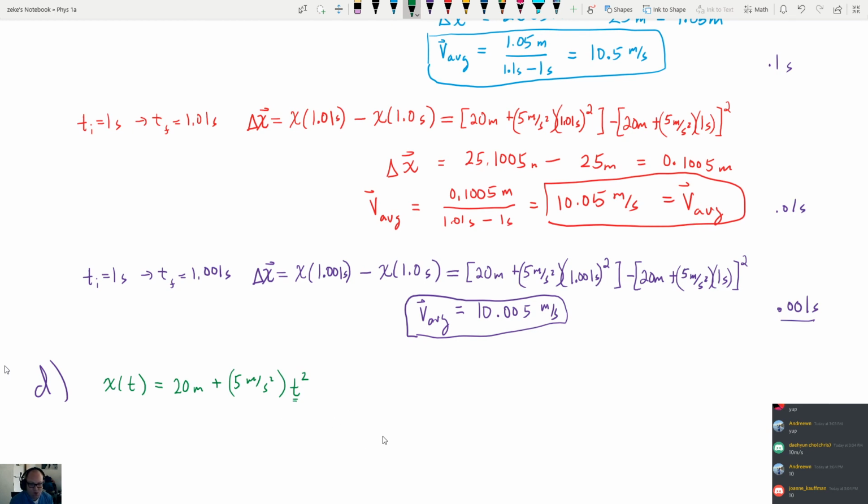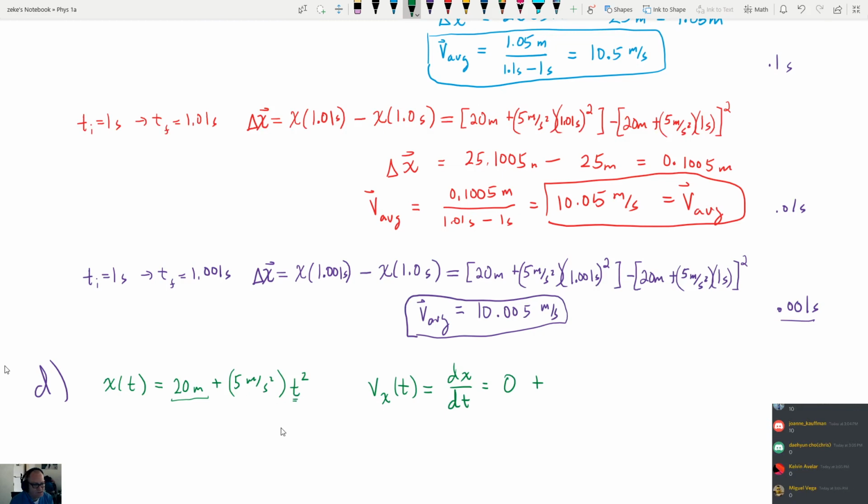And to do that, what we said was you just take the derivative of this expression, right? We know that Vx as a function of time should be equal to the derivative of x with respect to t, which is going to be equal to the derivative of this first term. What's the derivative of 20 with respect to t?